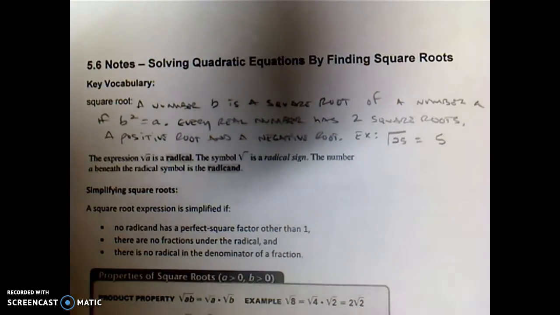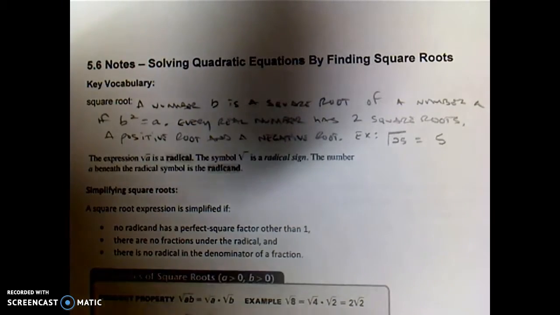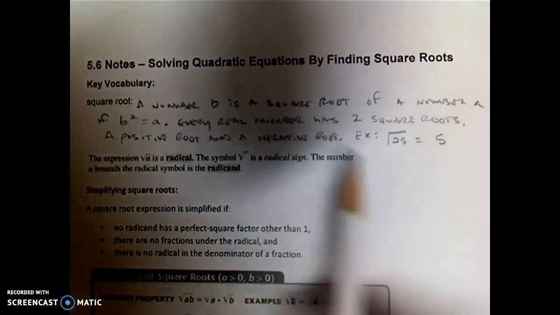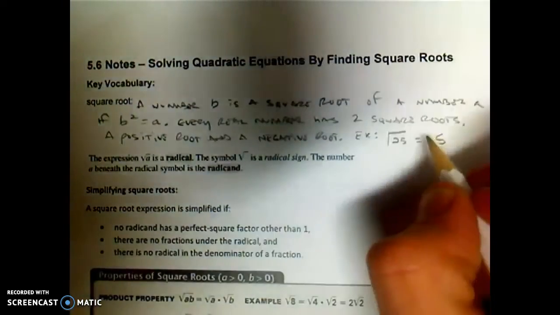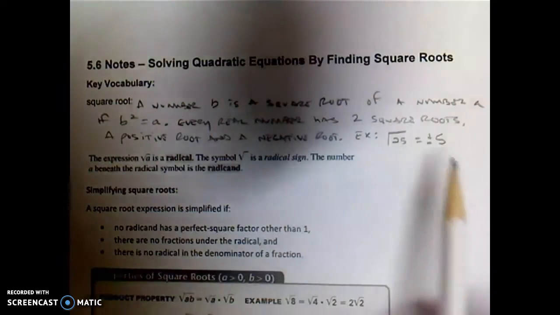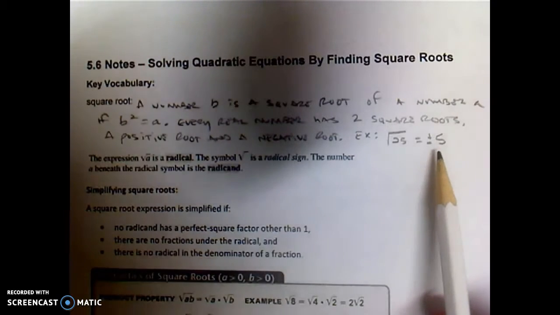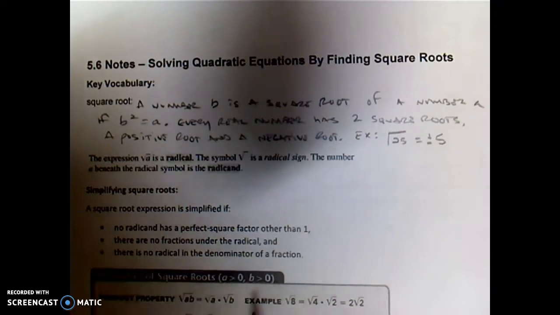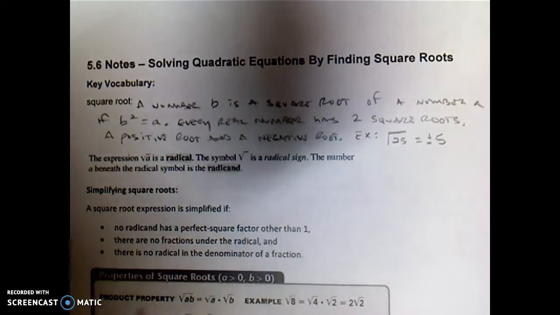And they start thinking about pairs of factors of 25, and they say, well, no, there isn't. And usually one of them will say, wait a minute, we just said that there's two roots, one positive, one negative. What about negative 5? So we say the square root of 25 is 5, because 5 times 5 equals 25. Negative 5 is also a square root of 25, because negative 5 times negative 5 equals 25.